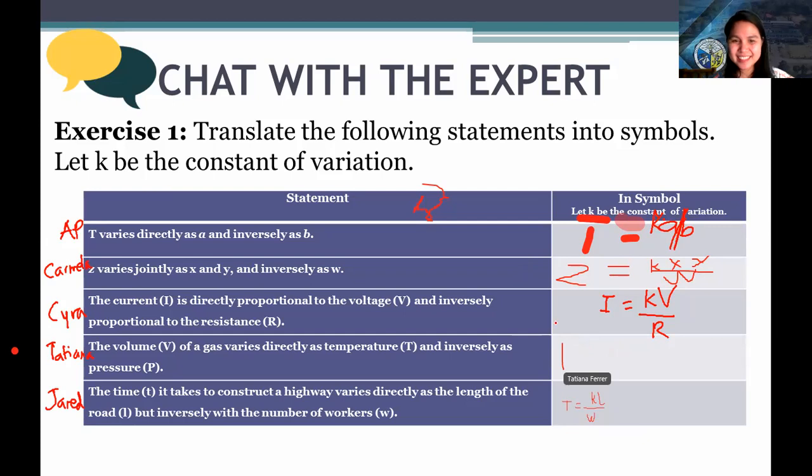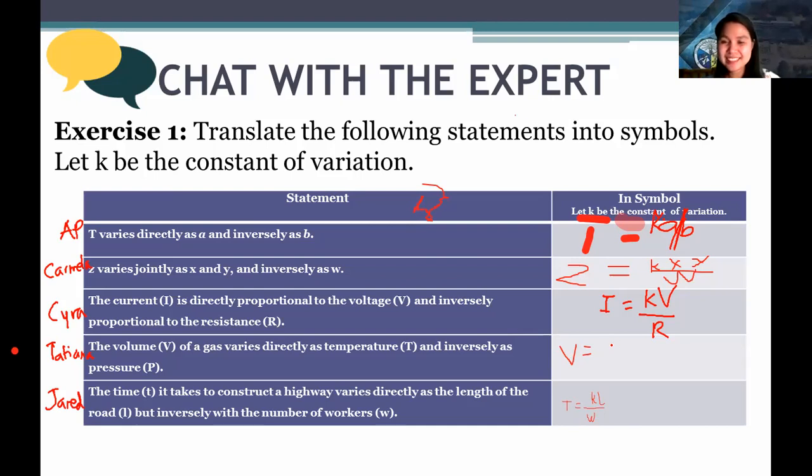Okay. Let's wait for Tatiana. Ma'am, I'm having a hard time writing this. Here, you can tell me your answer. I'll write it.